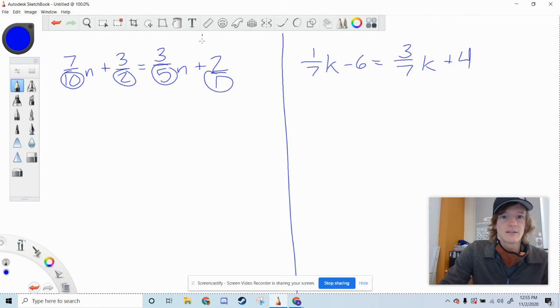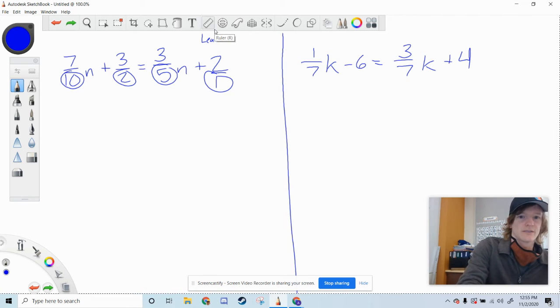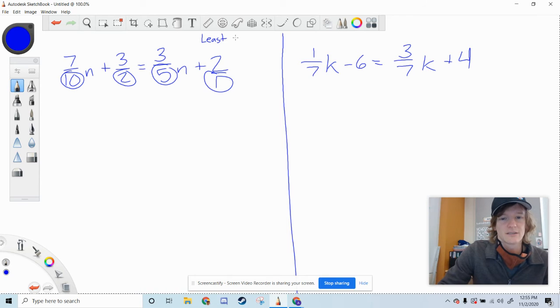And we need to find the least common multiple for a denominator. I'm looking at these numbers, and the answer is going to be 10, because 10 times 1 is 10, 2 times 5 is 10, 5 times 2 is 10, and 1 times 10 is 10.